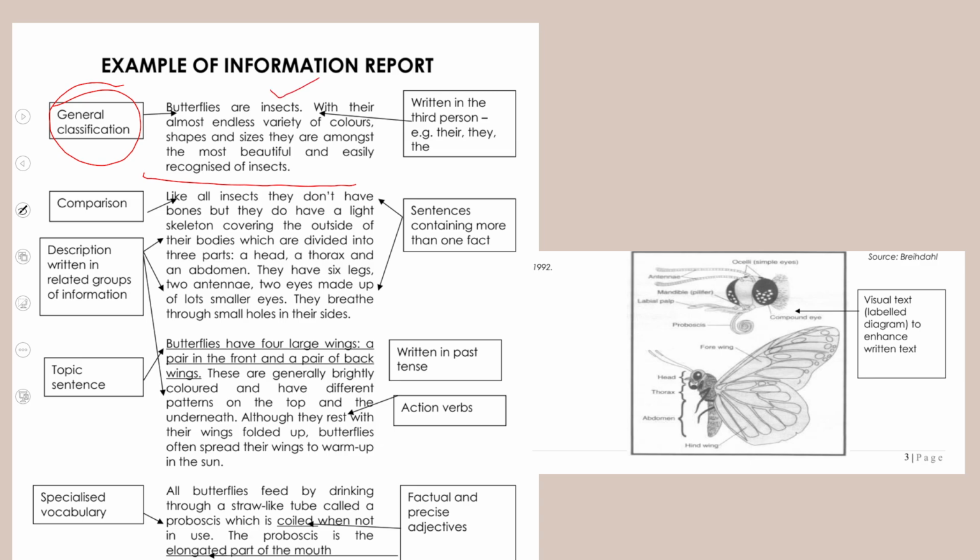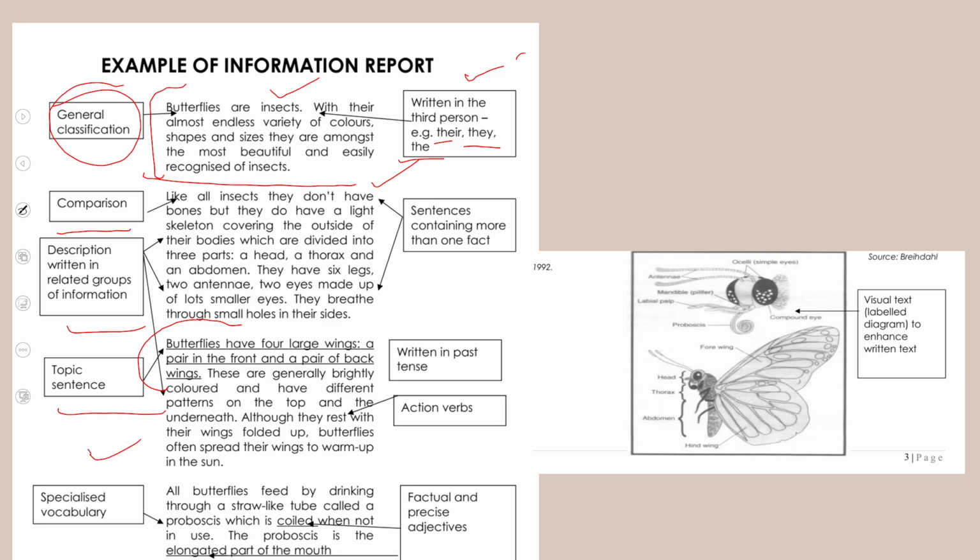You write it in the third person, using words like there, they, the, and give general information. Then you compare it with other insects or other similar looking animals. Then you write a description about it. This is your topic sentence, which we are familiar with, the very first sentence, which gives you an idea about the main idea of the text.